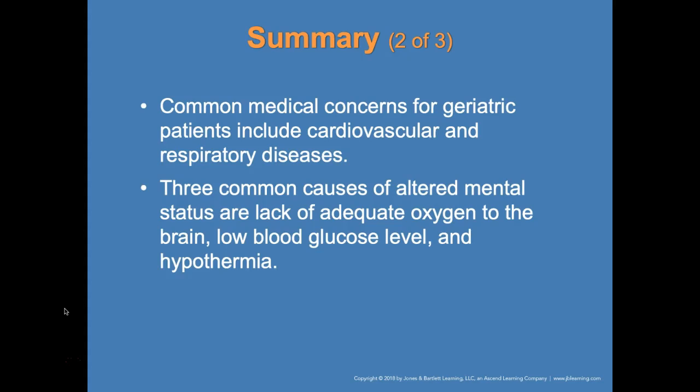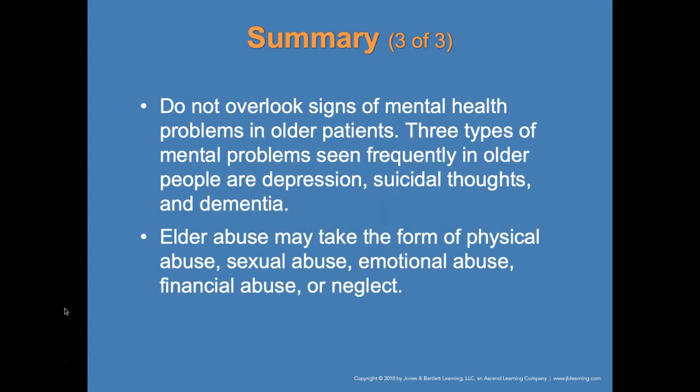Three common causes of altered mental status are lack of adequate oxygen to the brain, low blood glucose levels, and hypothermia. We need to not overlook the signs of mental health problems in older patients. Three types that are seen frequently in older people are depression, suicide, and dementia. Elder abuse may take the form of physical, sexual, emotional, or financial abuse, or neglect.